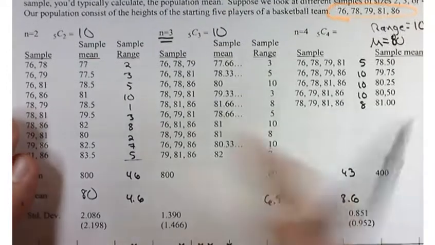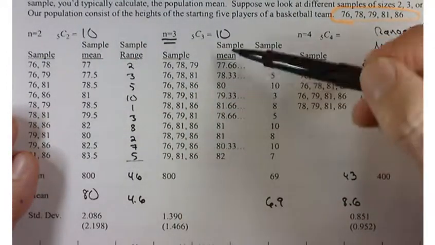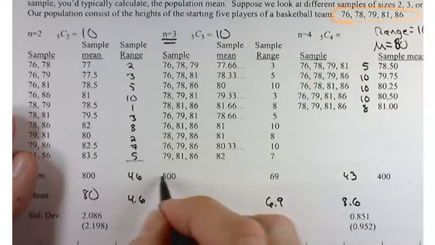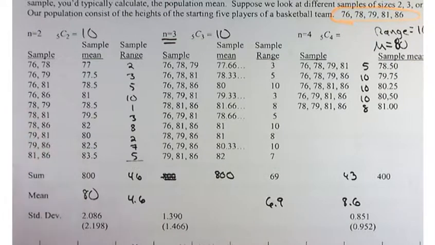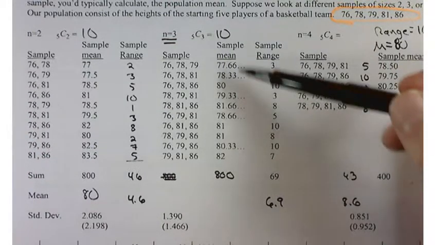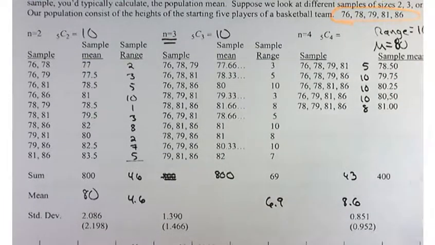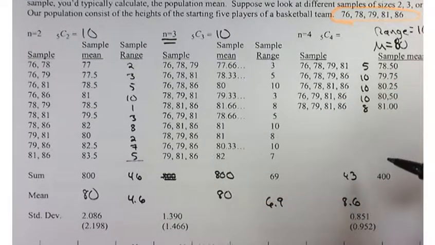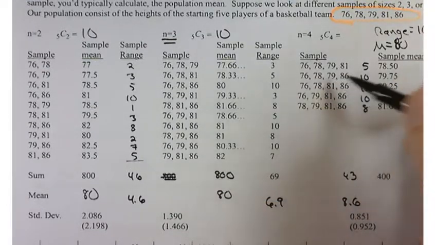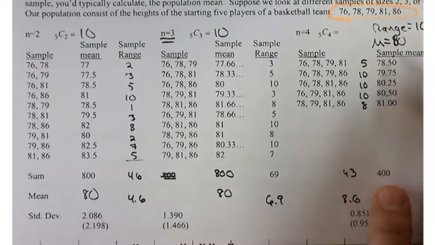What if we play that game for samples of size 3? Again, I've calculated all the sample means for you. This total should have been over here, 800. What's the mean of these sample means? 80. And likewise for samples of size 4, this total is 400.